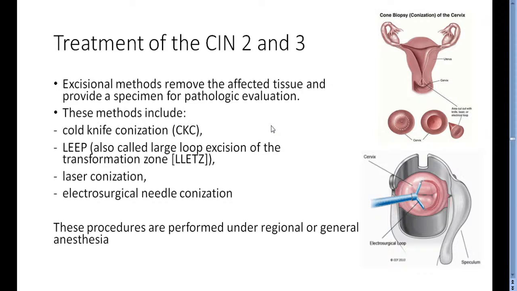A very popular method is LEEP, which is also called LLETZ, large loop excision of the transformation zone. It's shown on the picture below. You see here the wire loop goes through the affected cervix, and the piece of the cervix with the pathology can be sent for investigation.